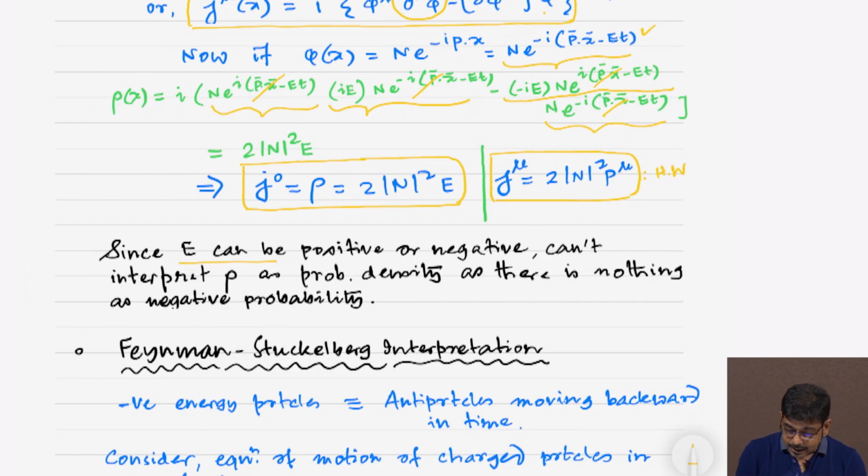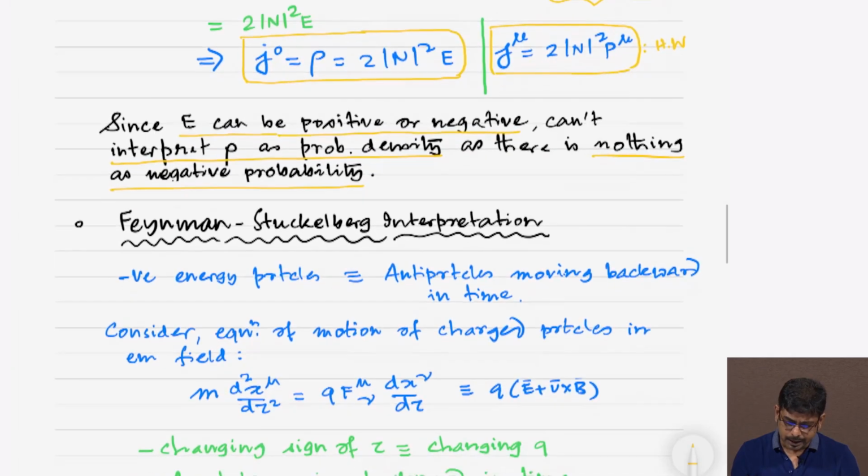Since this energy can be both positive or negative, we cannot interpret rho as the probability density, because probability density becoming negative is completely unphysical. There is nothing as negative probability, I cannot construct that. So, this whole interpretation in quantum mechanics that we identify with the statistical interpretation is not becoming quite sensible in the construction of relativistic quantum mechanics.